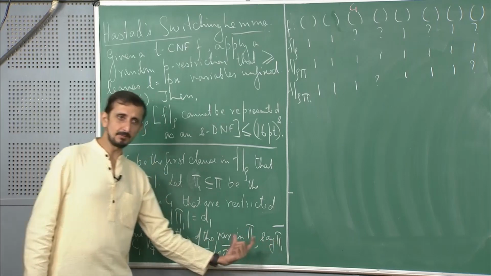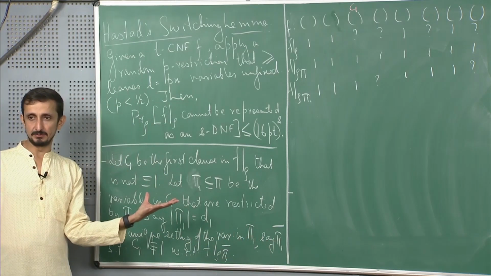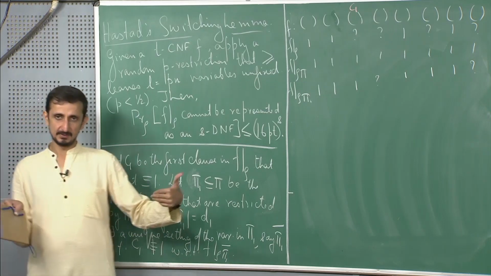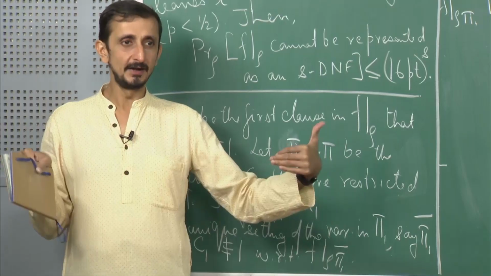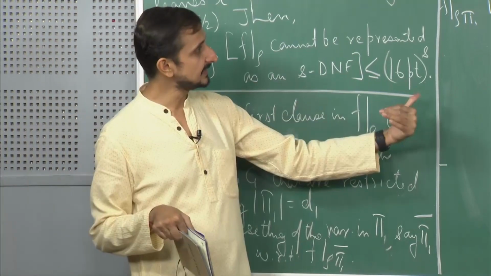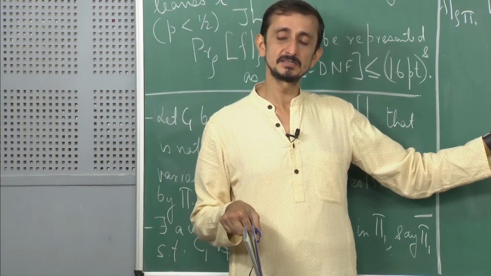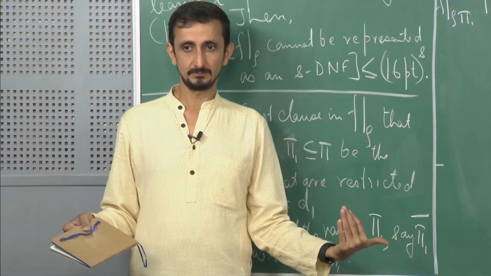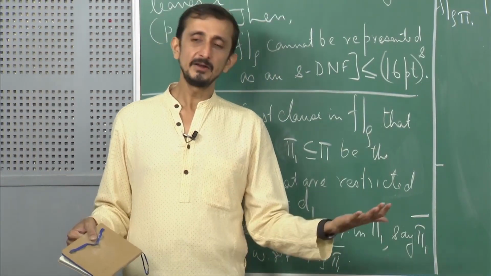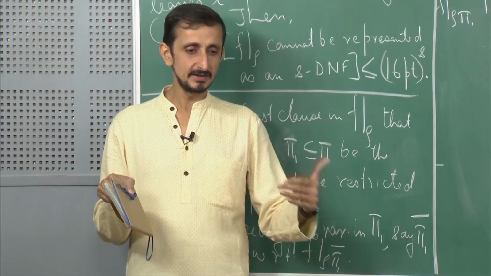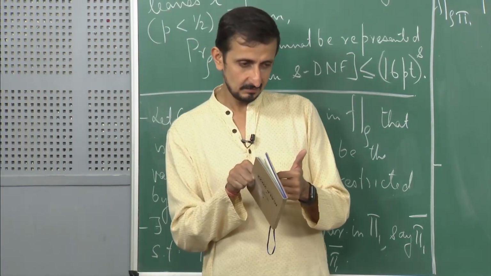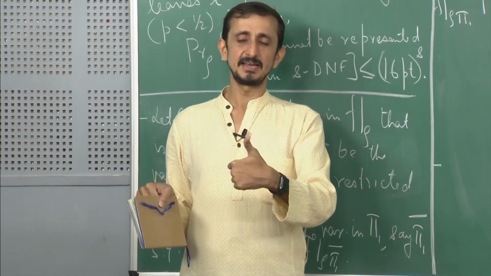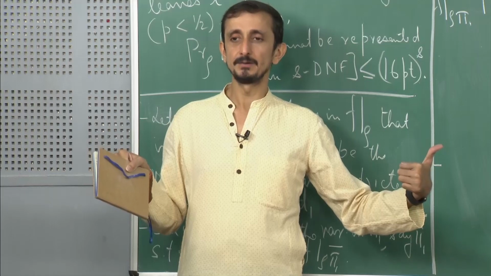Pi 1 bar is, so look at these d1 variables. Now, because it is a CNF representation, I have an OR of literals, and there is a unique setting of those d1 variables such that that clause does not evaluate to 1. How can I do it? Basically I have those variables. If I have an OR of literals, even if one literal is set to 1, the entire clause becomes 1.